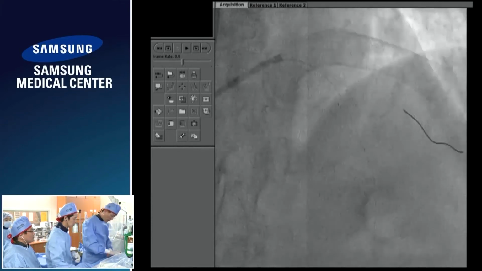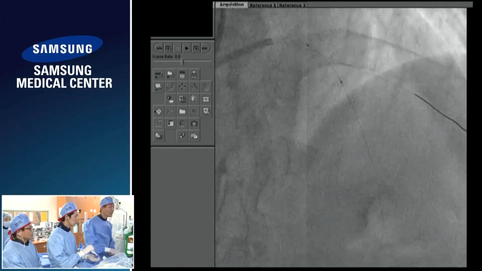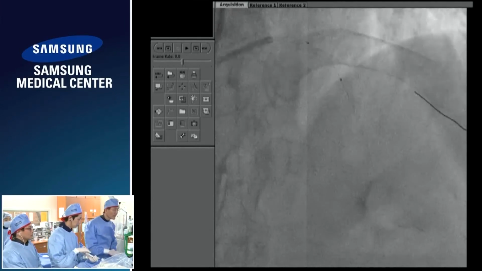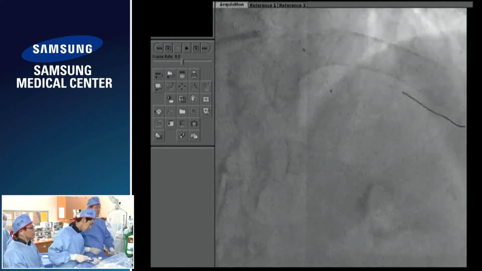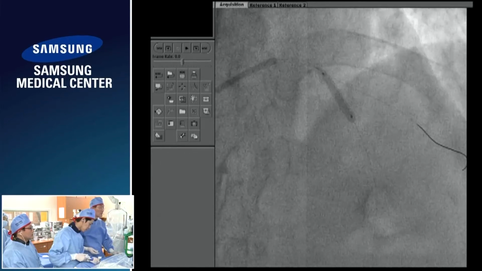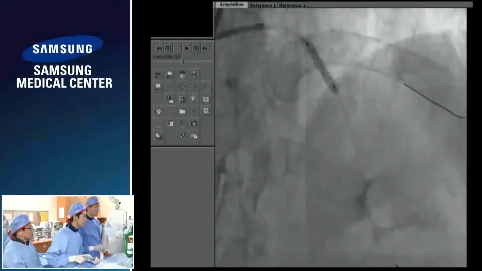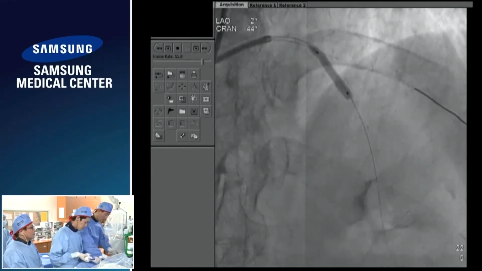So then I push the balloon again at higher pressure. Inflation. 14, 16, 18. Okay, deflation.